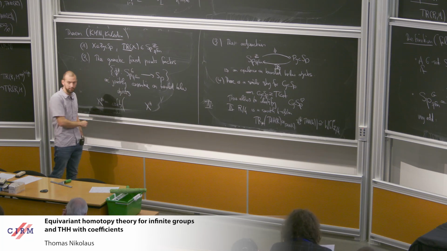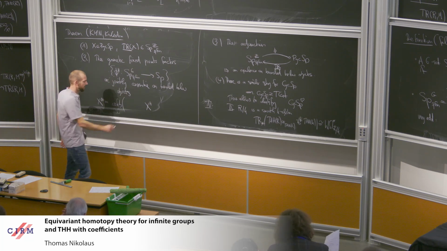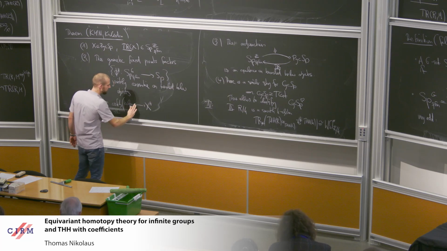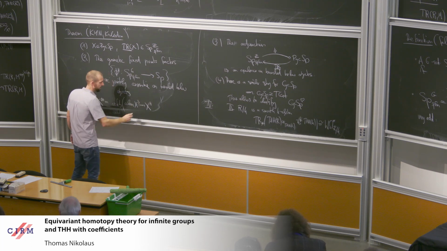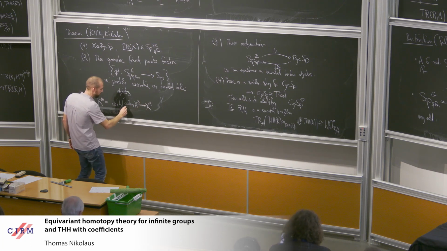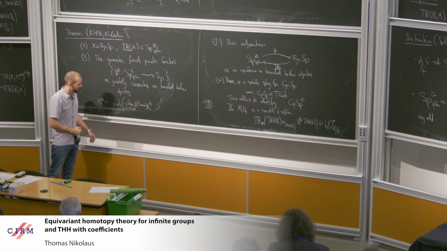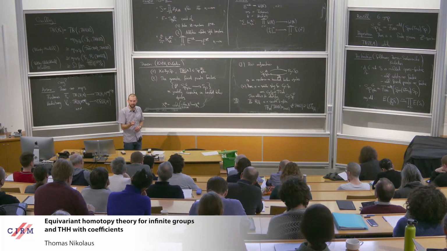I want to define that for X being one of these quasi-finitely genuine spectra. And then you have to take a colimit of X_S, where S runs through proper quasi-finite G-sets, where proper means proper isotropy, that is, all isotropy groups are proper subgroups.